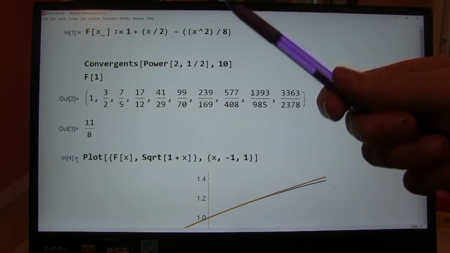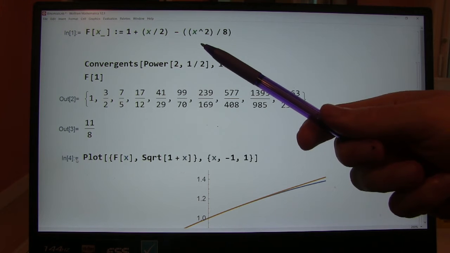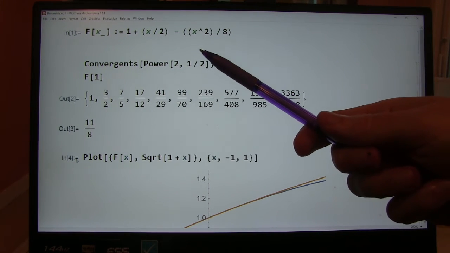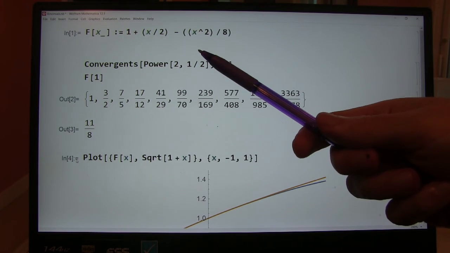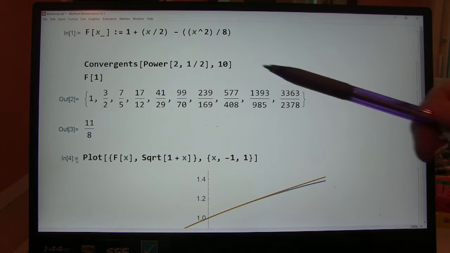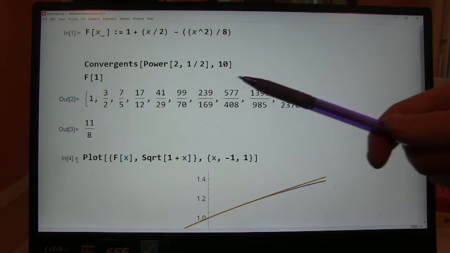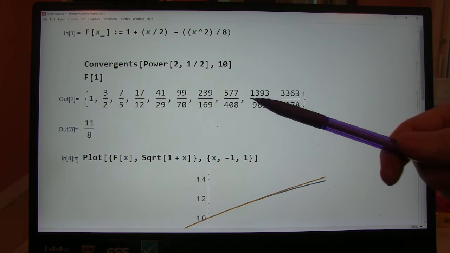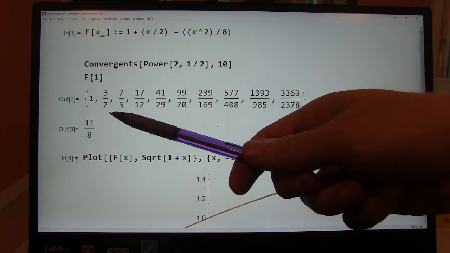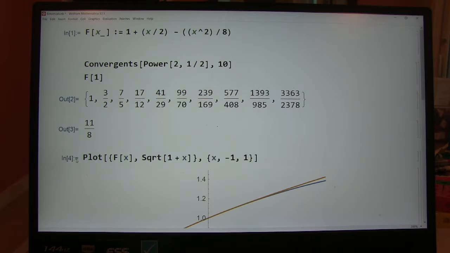We're also looking at the continued fractions from last week: 1, 3/2, 7/5, 17/12, etc., which are various approximations. And using 3 terms of our binomial theorem, we get 11/8 as an approximation.